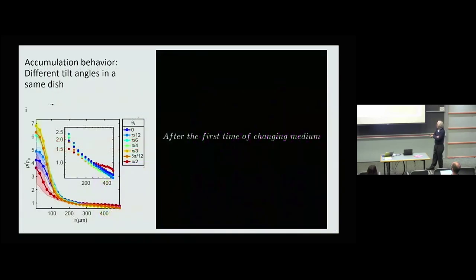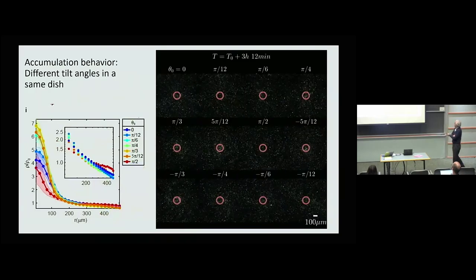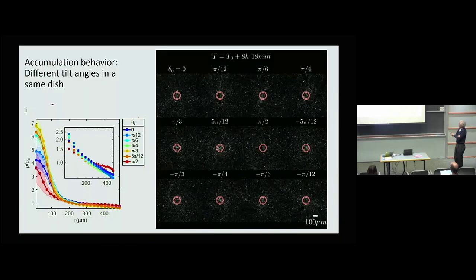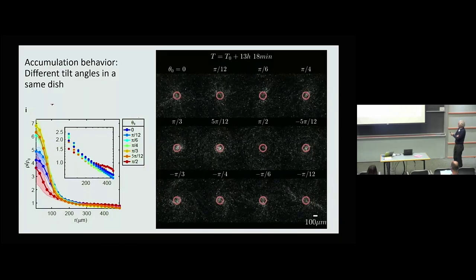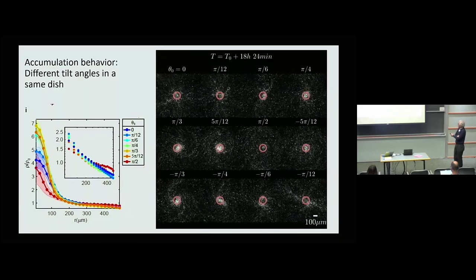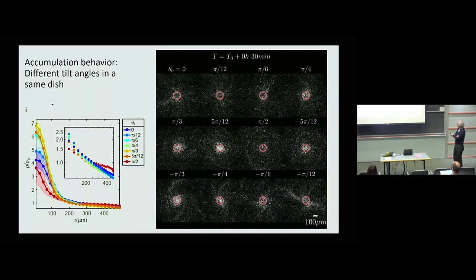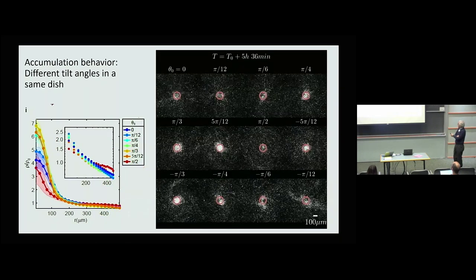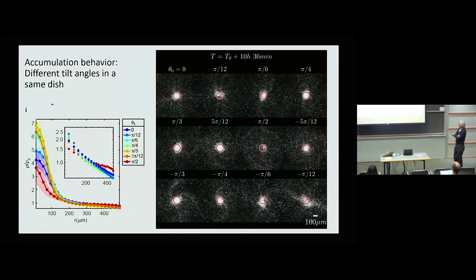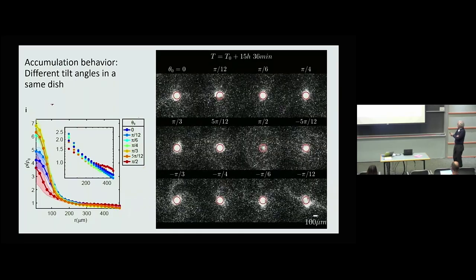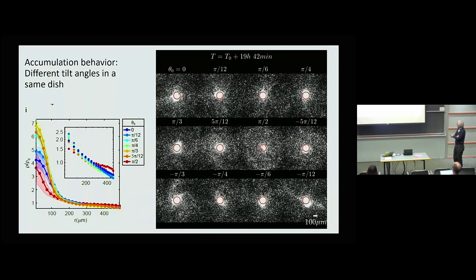This is the final density distribution as a function of radius in a log-log plot. Here you see the different patterns: aster, clockwise and counterclockwise spiral, target. After 2 days, you see that all the patterns attracted cells at the core of the defect.